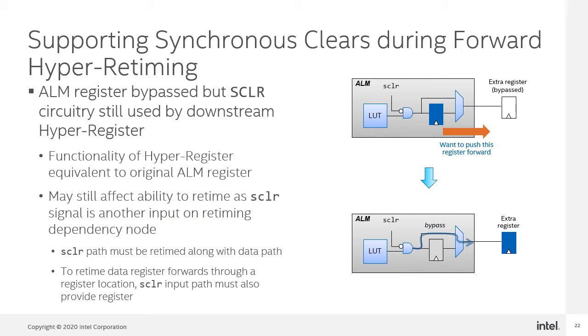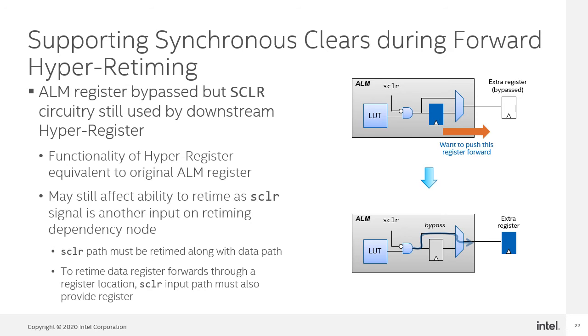Hyper-registers are simple D flip-flops. So while they do not have asynchronous clear controls on them, they also do not have synchronous clear controls either. But a hyper-register can borrow the synchronous clear from the ALM register upstream. In order to retime, the ALM register is disabled and bypassed so that its data input can flow to the hyper-register downstream.